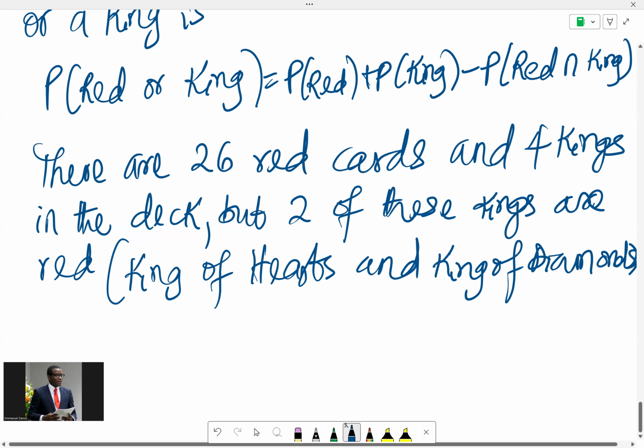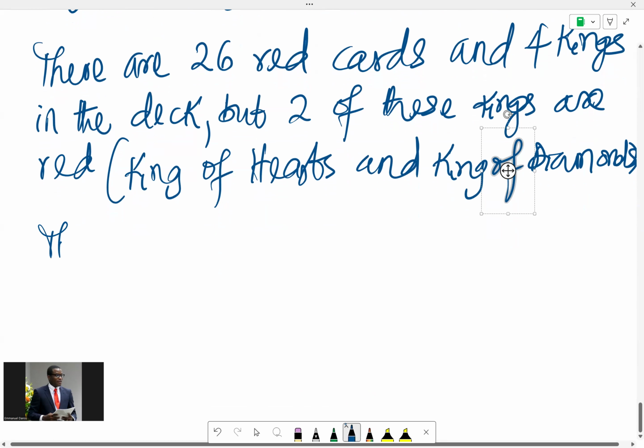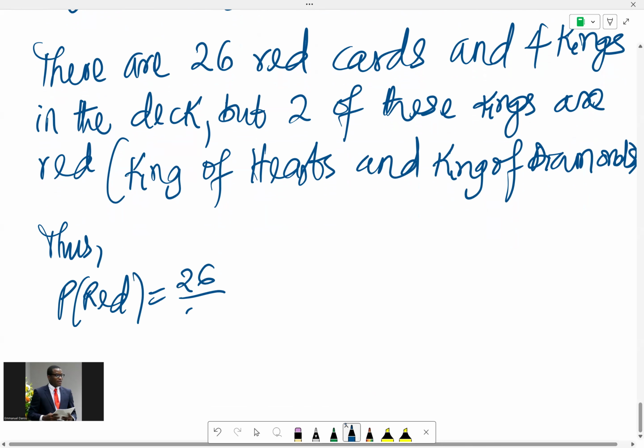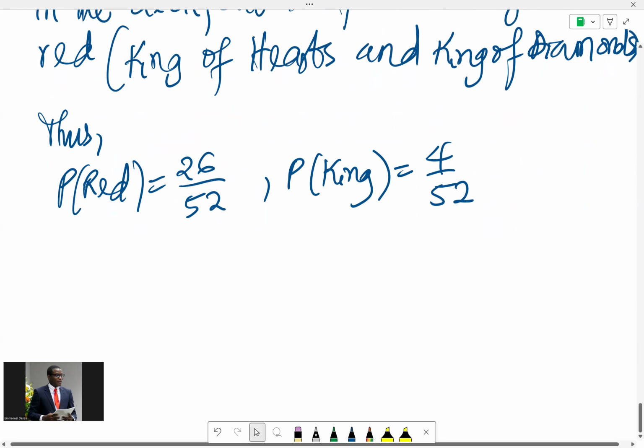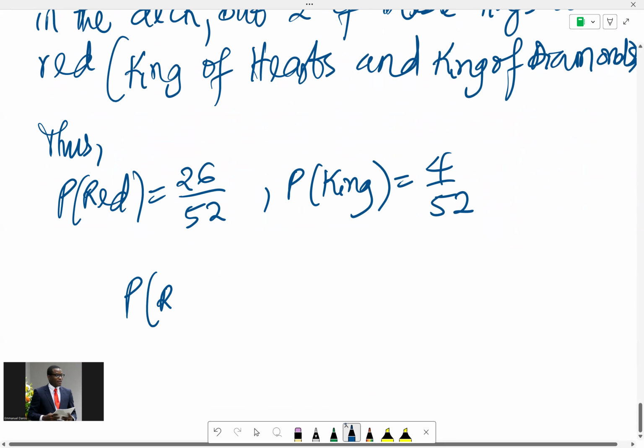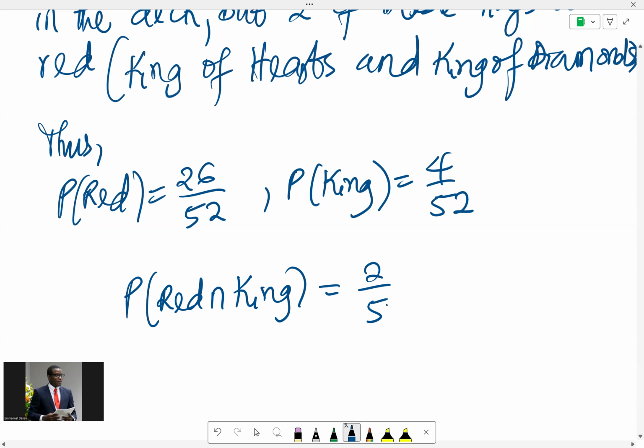Okay. So in that case, the probability that you're going to have a red card is 26 over 52. Then probability that you're going to have a king is actually, there are 4 kings altogether, that's 4 over 52. But then what about probability of having a red king, a king that is red, red intersection king? That is actually 2 over 52, like we said.